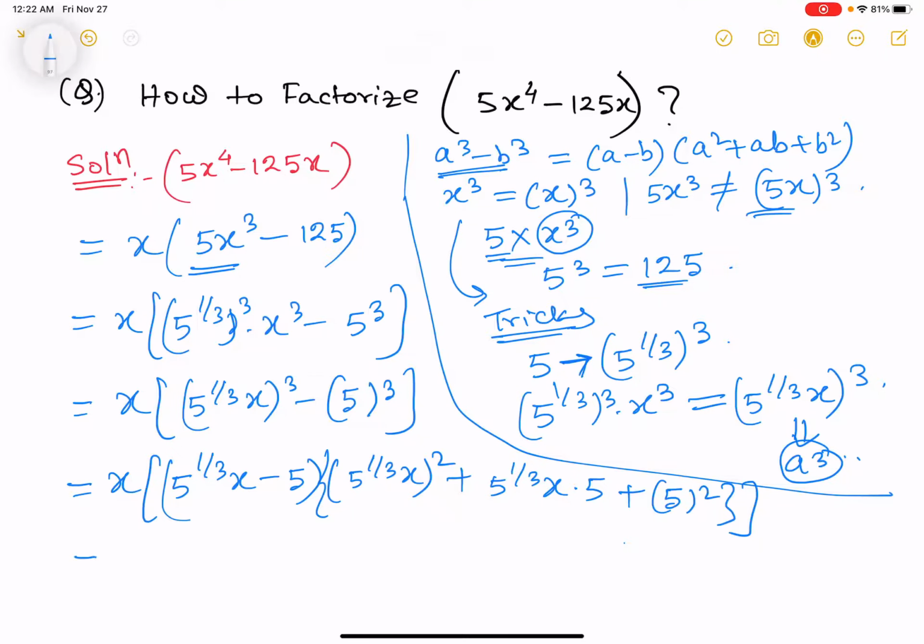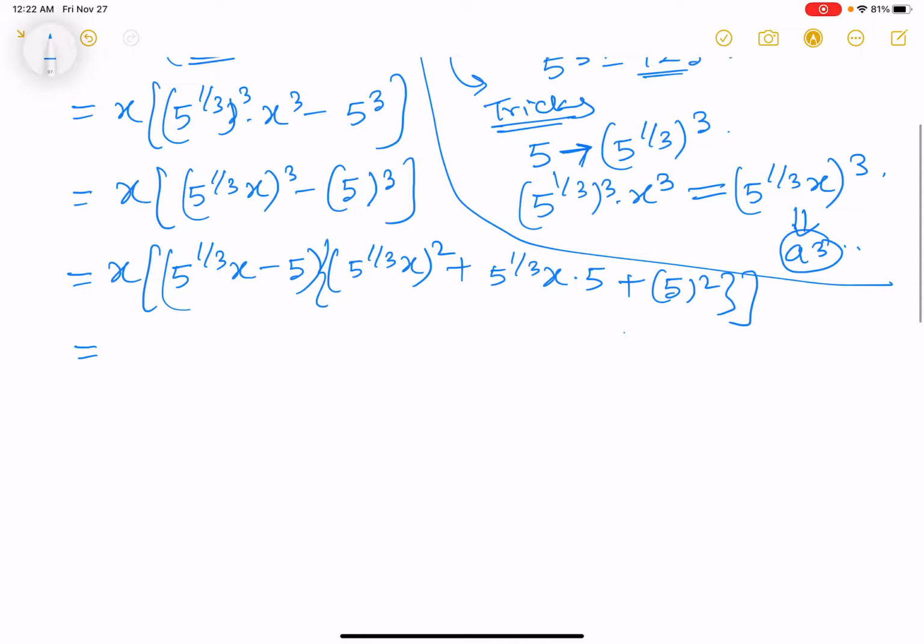So after that we simplify this expression here. x into (5 to the power 1/3 into x minus 5). Now here (5 to the power 1/3) square we can write 5 to the power 2/3 into x square plus, here we apply the rule of indices. Here 5 to the power 1/3 and here 5 to the power 1.